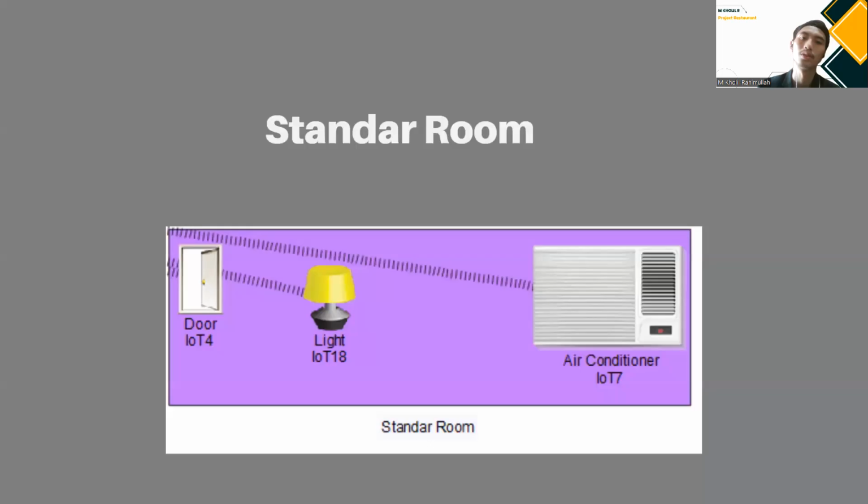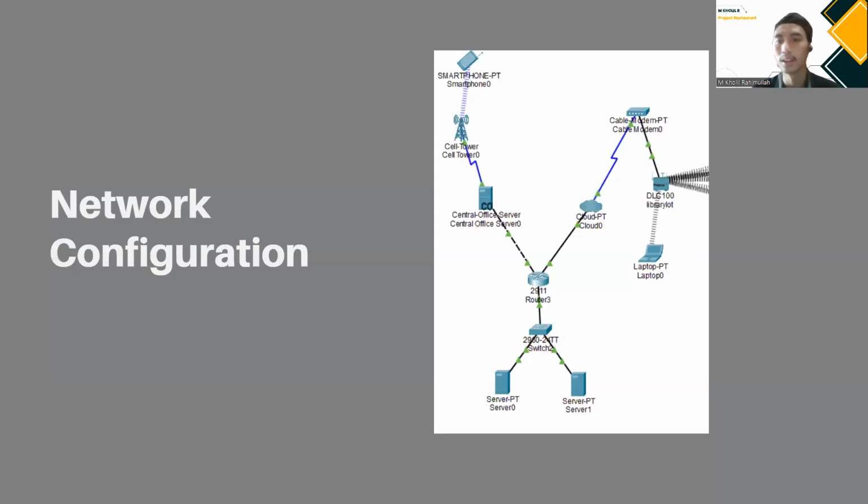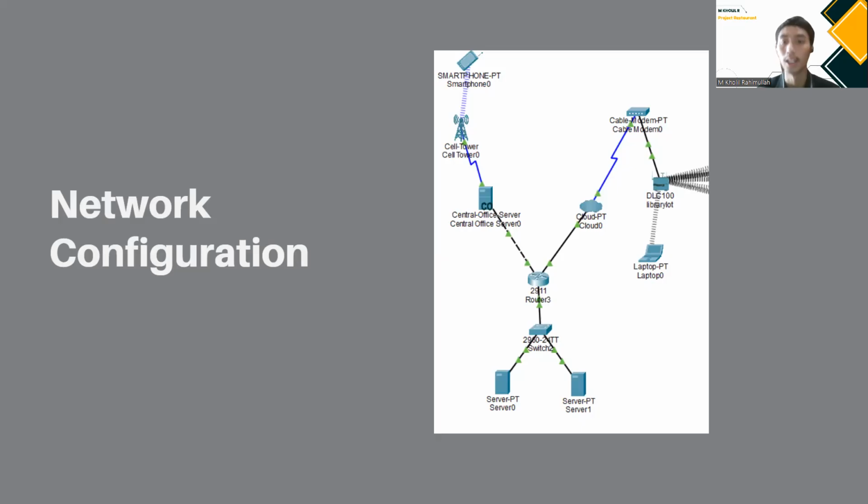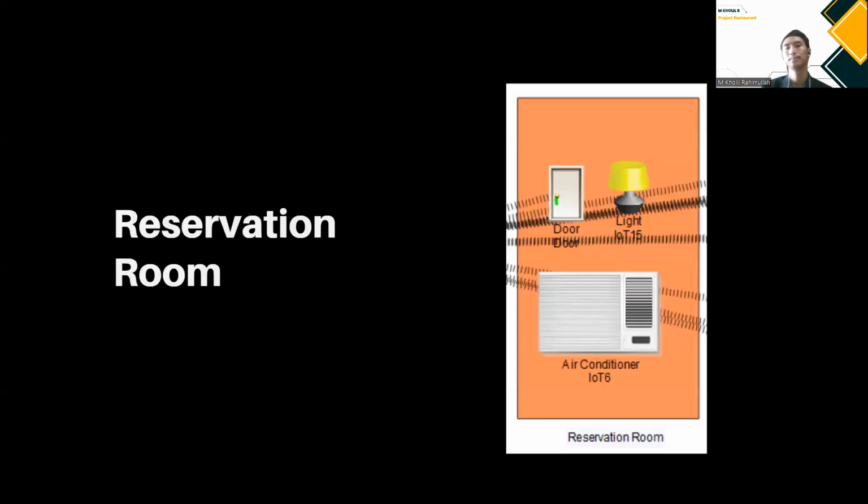All these tools are connected to the DLC 100, and every tool like the door gets its IP address from the DLC, and the DLC is connected to the cell tower, central office server, and the other components in the network configuration.